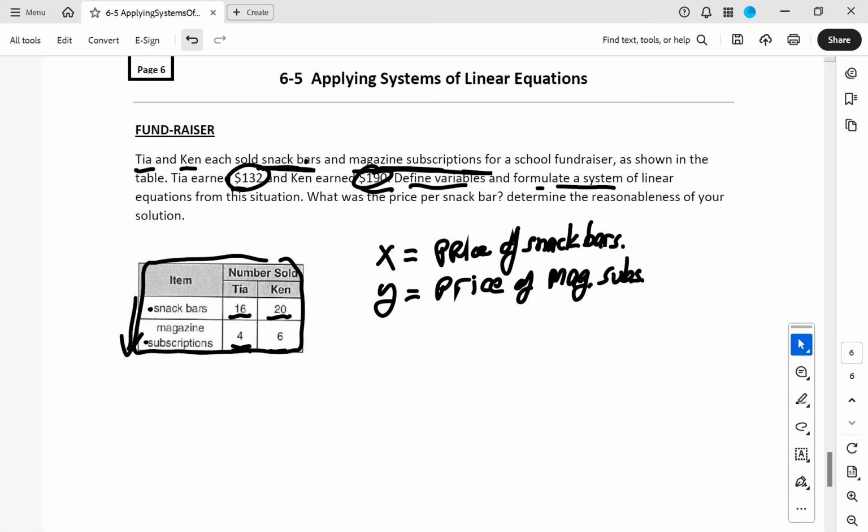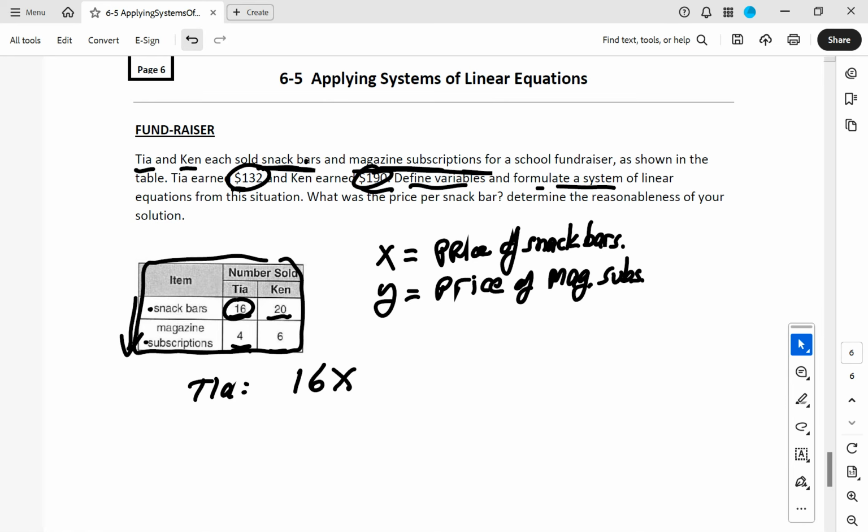Okay, so Tia, the number of snack bars was 16. So 16 snack bars times the price of the snack bars. 16 times x, but we don't need to show the little dot for multiplication, so I'll do 16x.